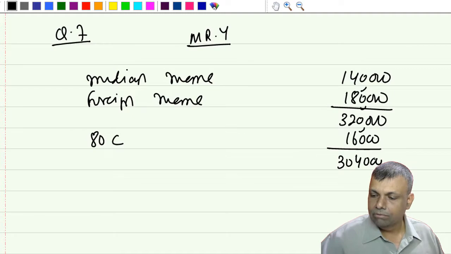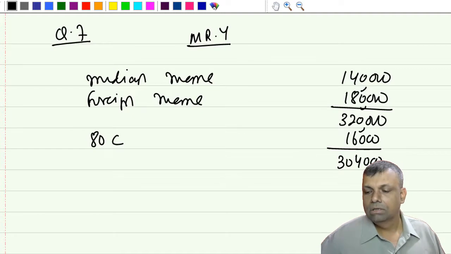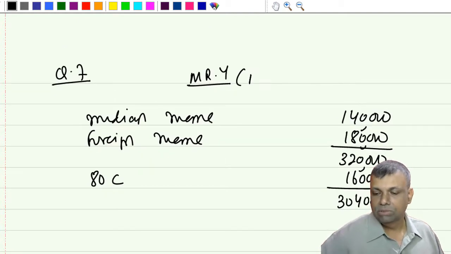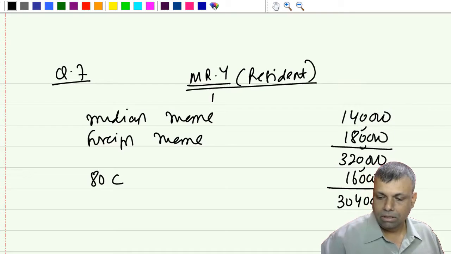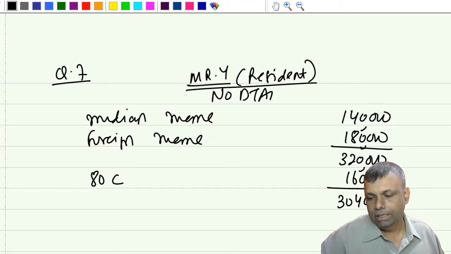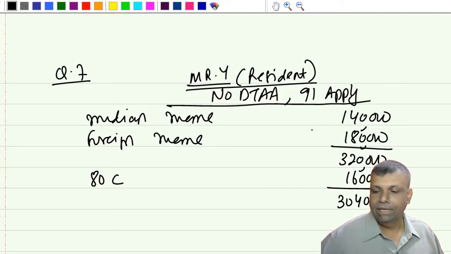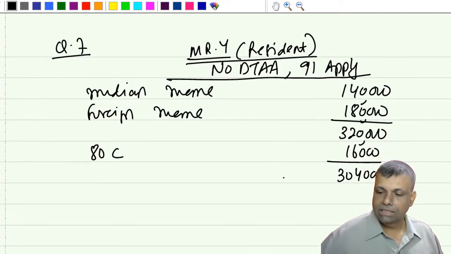So this is 3,04,000. You should check the age also. If it is a senior citizen, then you have to consider the higher basic exemption. Mr. Y, I will just say resident. Okay, and there is no DTAA, and therefore section 91 will apply. I'm just adding this small comment for the students' better understanding.